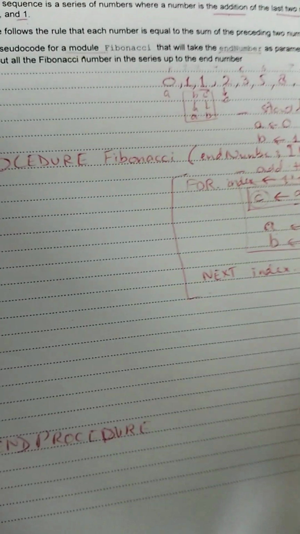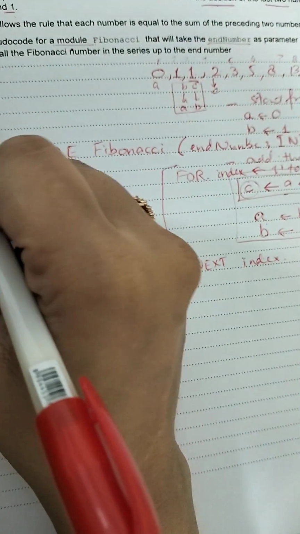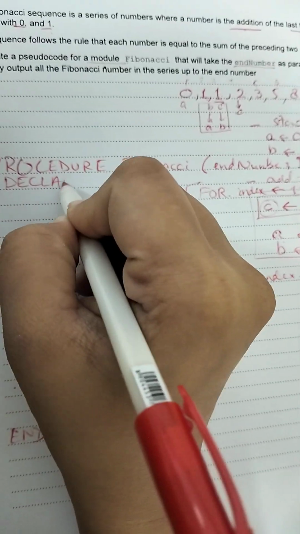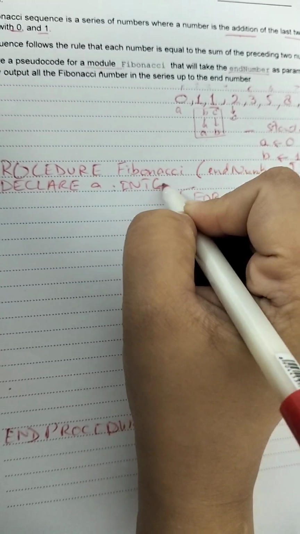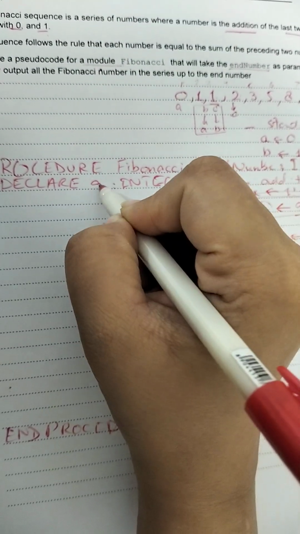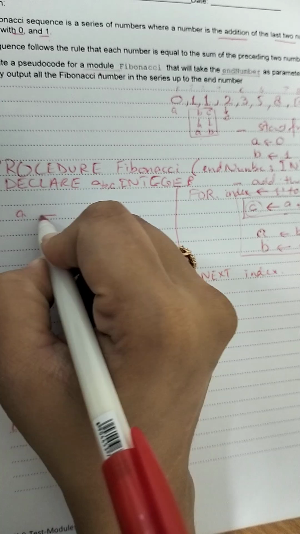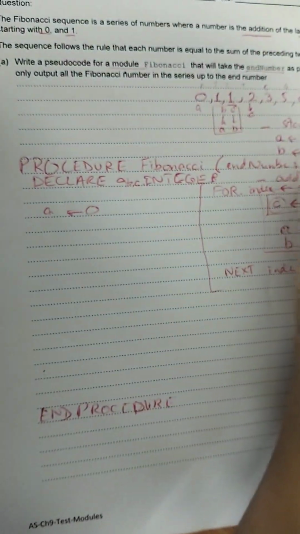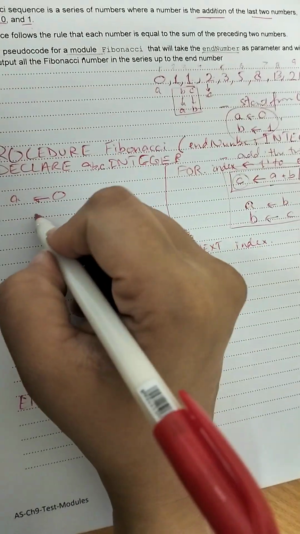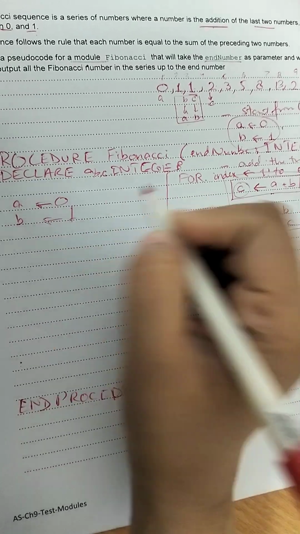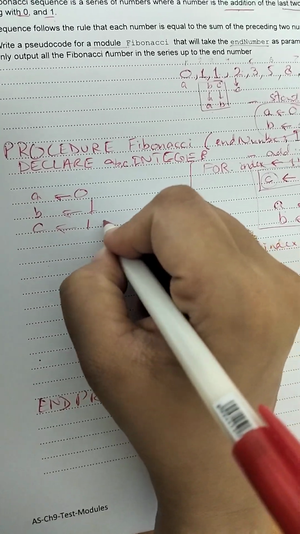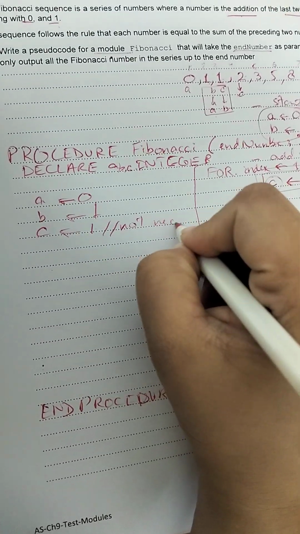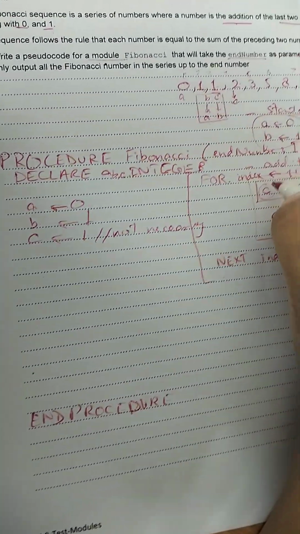Now whatever variables we need inside the module, we will be declaring. Declare A as integer, A, B, C, basically all these are integers. A is 0, so this is before the loop. A is 0, B is 1. You can make C as 1, but this is not necessary, because even if it goes into the loop, it will assign it.